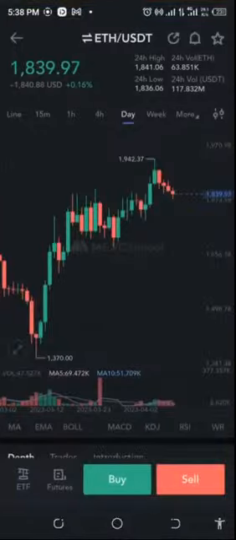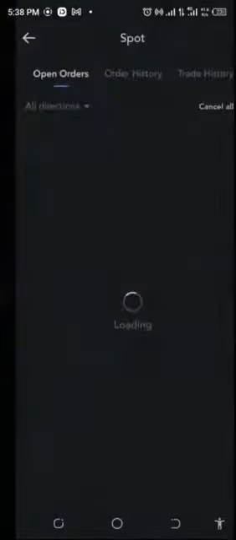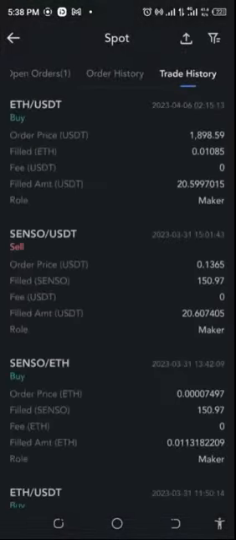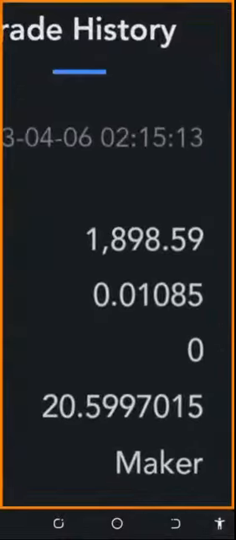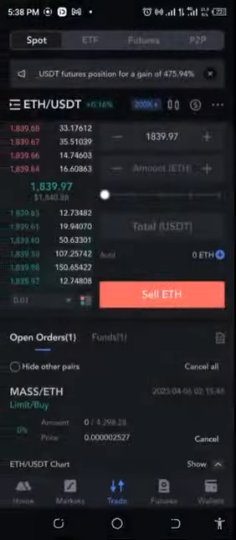Because of that, I bought ETH for 1,898, almost 1,899, as you can see here. So right now the value of ETH has gone down.